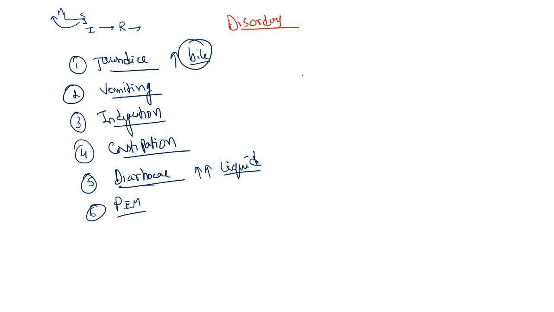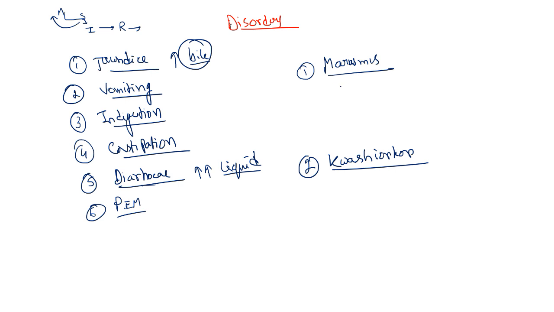Okay, so what happens in these two, marasmus and kwashiorkor? Marasmus is found in infants less than a year of age, and kwashiorkor is found in children more than a year of age.